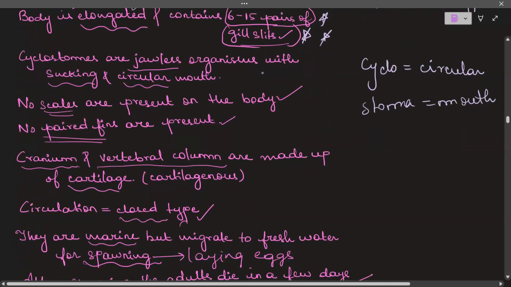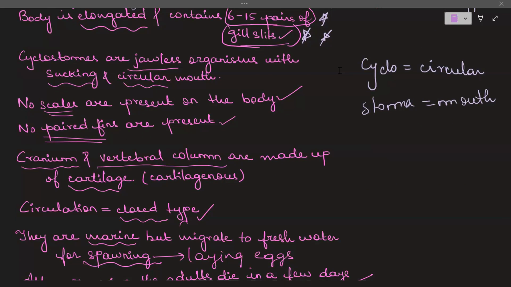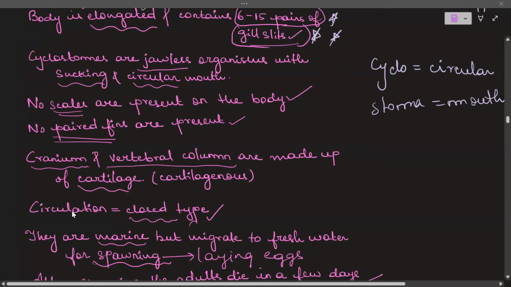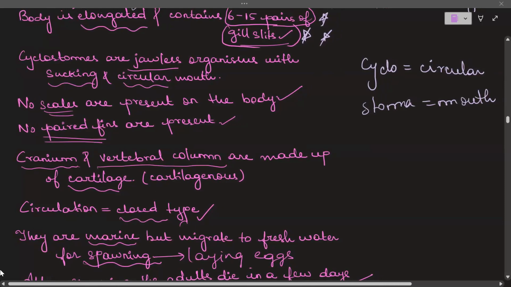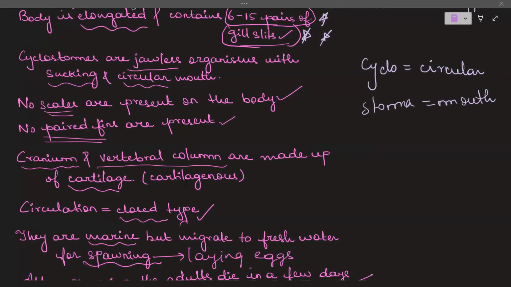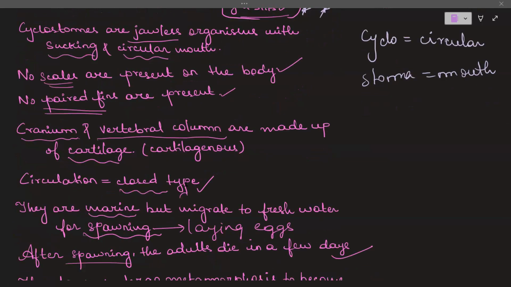Scales are not present on their body and paired fins are absent. Cranium and vertebral column are made up of cartilage. Just like how our cranium and vertebral column are made up of bones, but in this case, they are made up of cartilage.